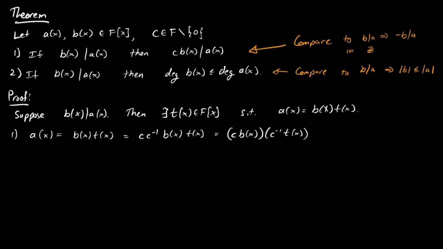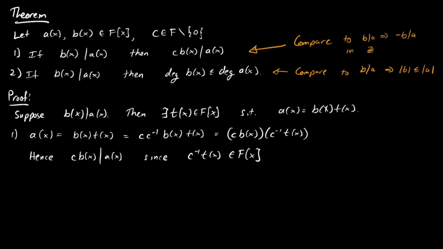Hence c times b(x) divides a(x), since, well, what have I done? This polynomial I've created, c inverse t(x), has coefficients in F, and I'm multiplying each of those coefficients by another element of F. So this is in F[x]. Okay, and I'm done. Great.